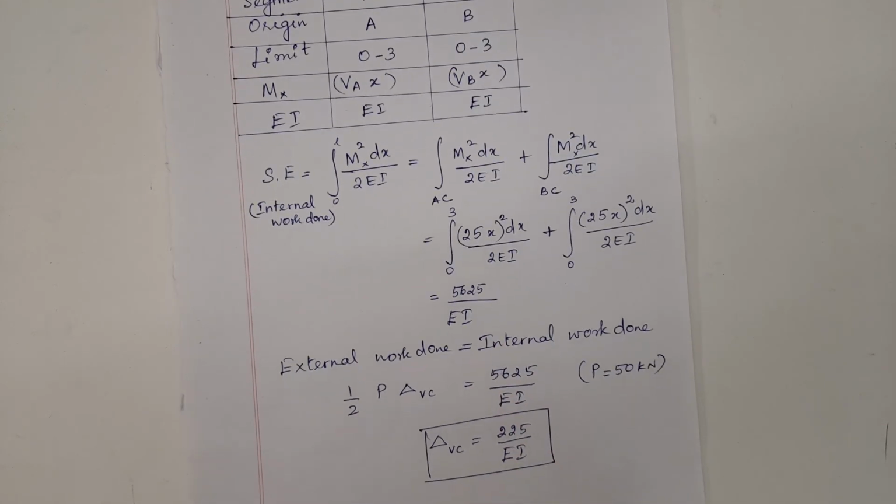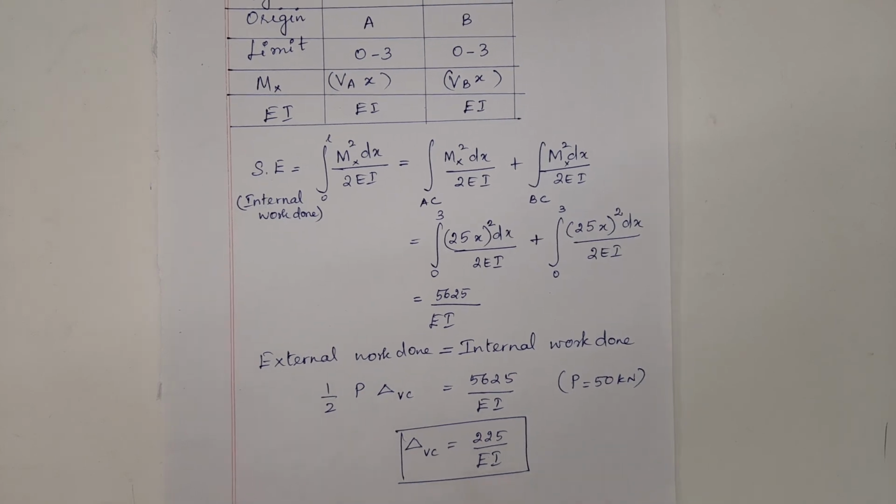Now we are going to calculate the deflection at the midspan. External work done can be equated with internal work done. That is what we have seen in the strain energy method. Half P delta is equal to the internal work done or the strain energy due to bending.